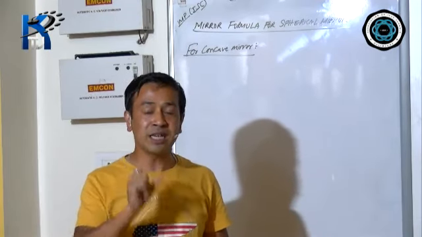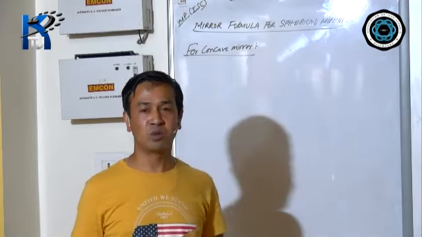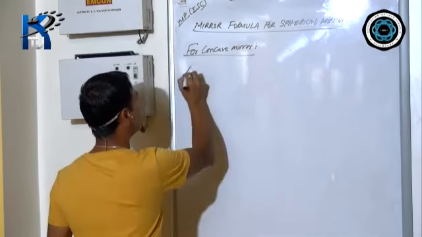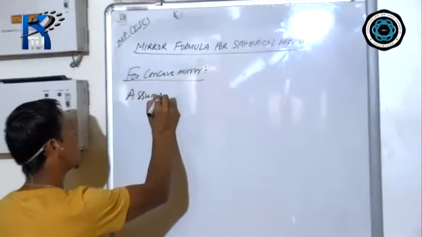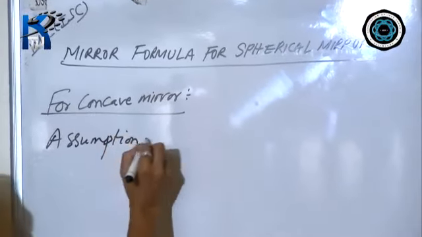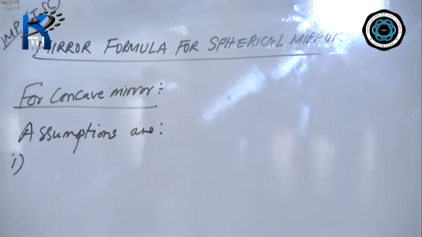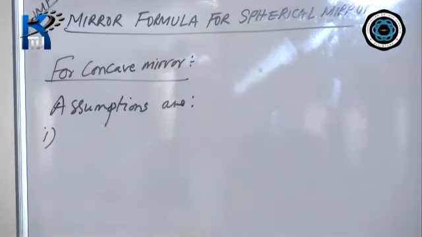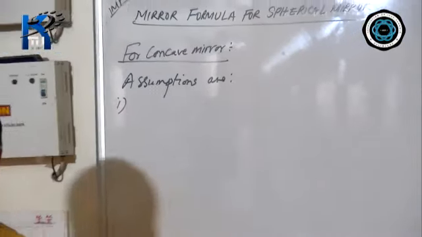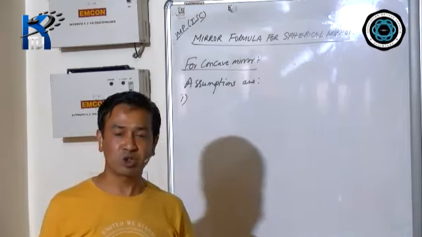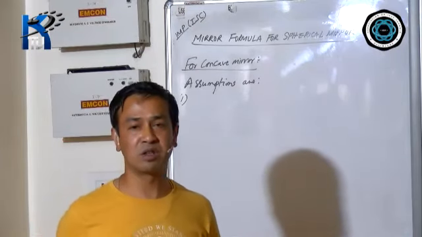Now there are certain assumptions that we need to make when we derive the mirror formula. One of the important assumptions, number one: the object of a spherical mirror in the mirror formula has to be placed on the principal axis of the spherical mirror.